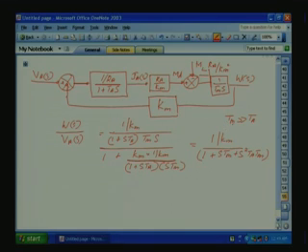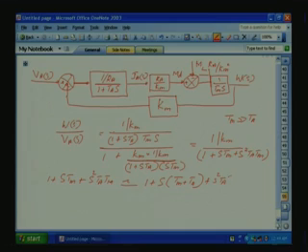So, we can assume Tm is much greater than Ta. So, this 1 plus this 1 plus denominator Stm plus S square Ta Tm, we can approximately write as 1 plus S into Tm plus Ta plus S square Ta Tm.